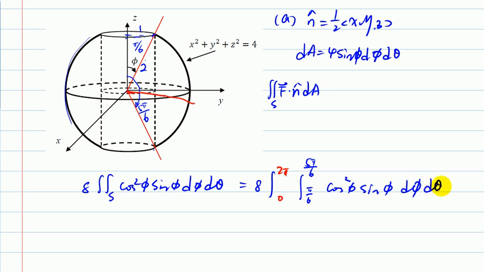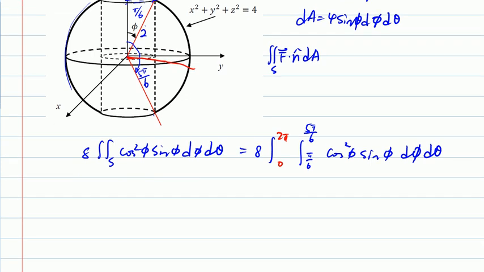Now when you calculate this integral, you need to be careful. There's nothing with theta here, so I can just move the theta out. For this integral, you use a very simple substitution rule: d cosine phi, and there's a negative here, so let's put a negative.